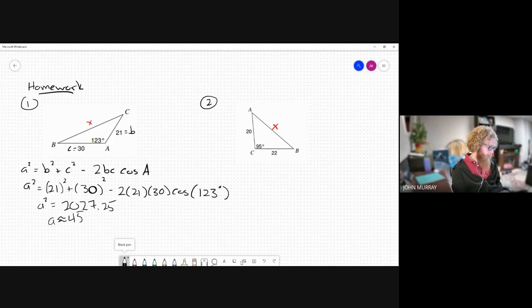From the calculator, I get 45.02493995. So, maybe I'll put 45.02, but 45 would be good enough there, because usually we round to one decimal place, but that's up to you. Any questions about the first one?